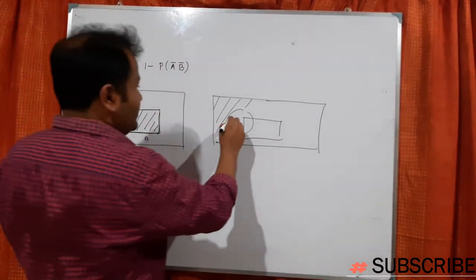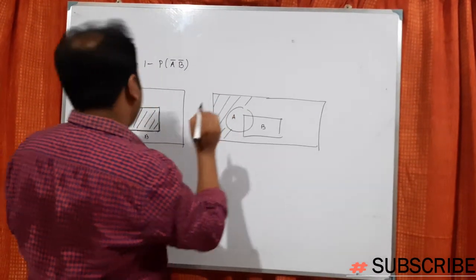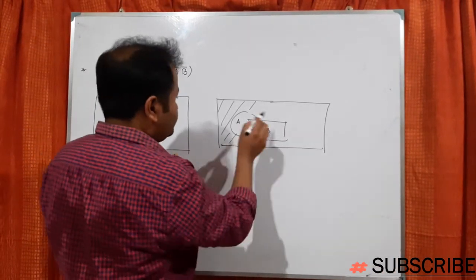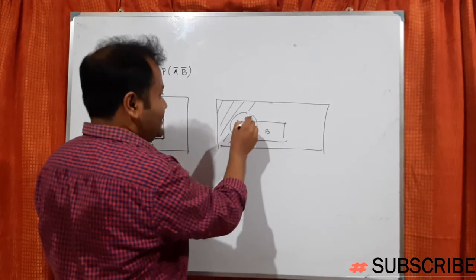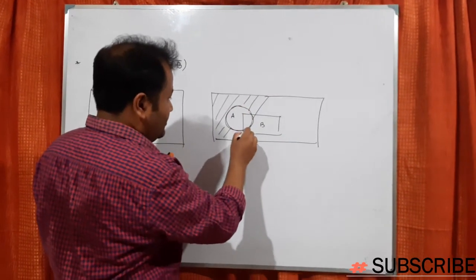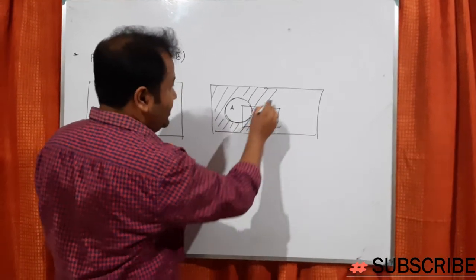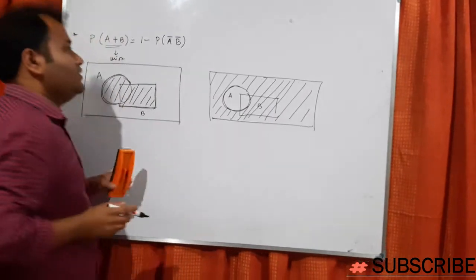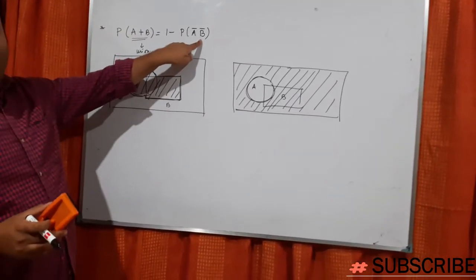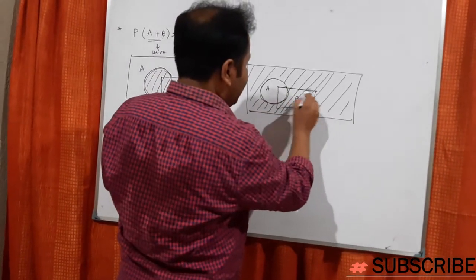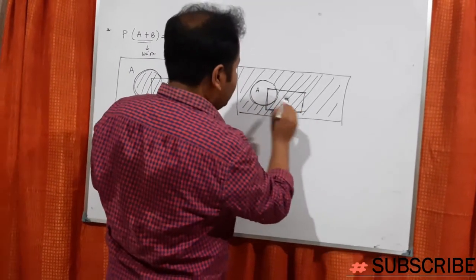This is A and this is B. So A bar means except A, that is except this circle, whatever is there, all are A bar. That is A bar should be there in B also. B bar, what is B bar? B bar means except this rectangle, whatever is there, that is B bar.